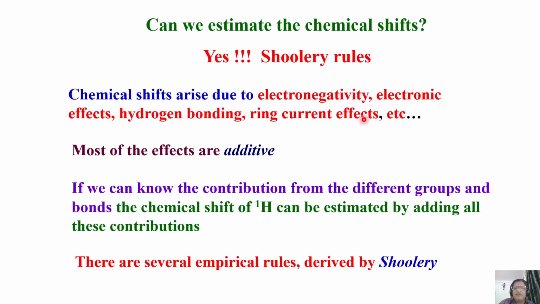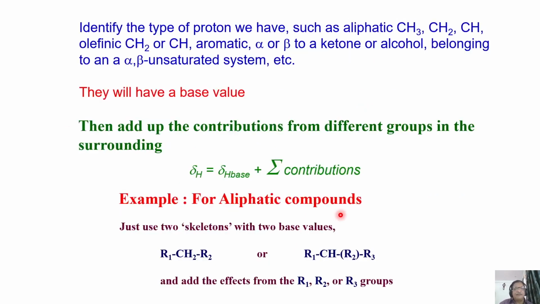Of course, nowadays with the most advanced tools available, nobody is interested in doing this type of prediction, and there are lots of ways to get the chemical shift by using Gaussian and other software. But the idea is very important to understand. For example, if you want to identify the type of protons we have, they could be aliphatic, olefinic, aromatic, ketone, alcohol, many things.